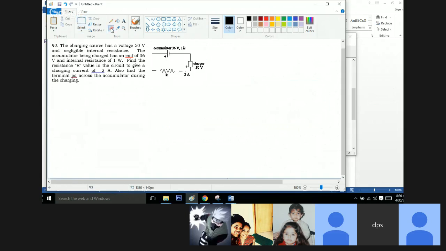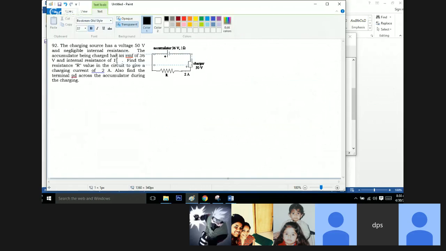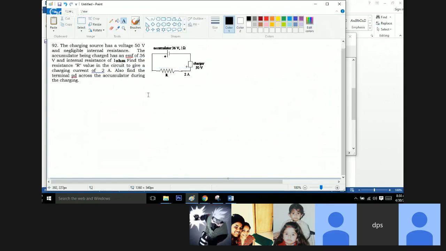Here you have to think that this is ohm. Find the resistance R in the circuit to give a charging current of 2 amperes. Also find the terminal PD across the load during the charging.